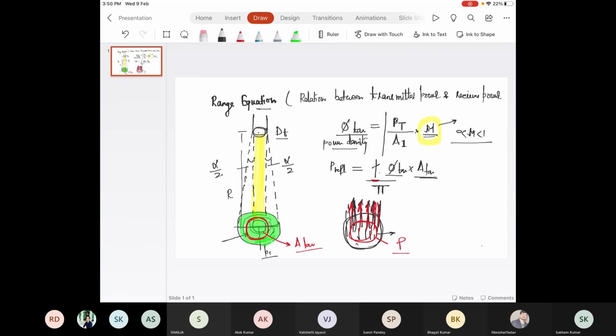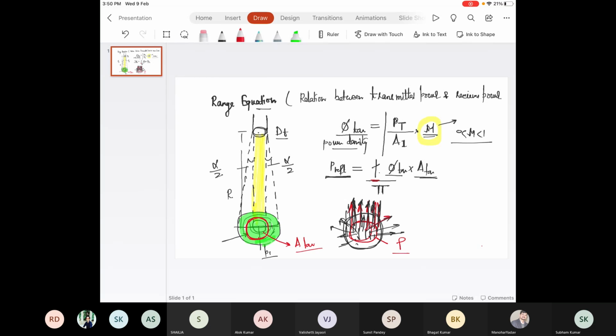Because this is the reflected power per unit solid angle. Once it is reflected, it is a diffuse reflectance, so it will go in all directions from the target area, not in one direction.